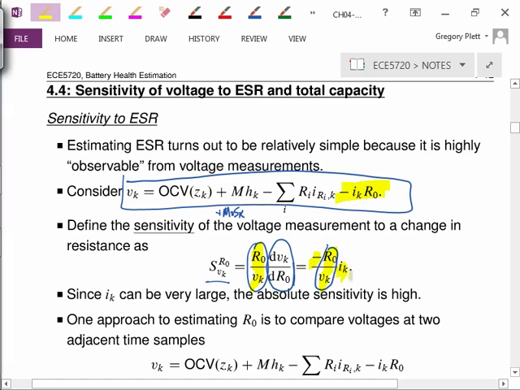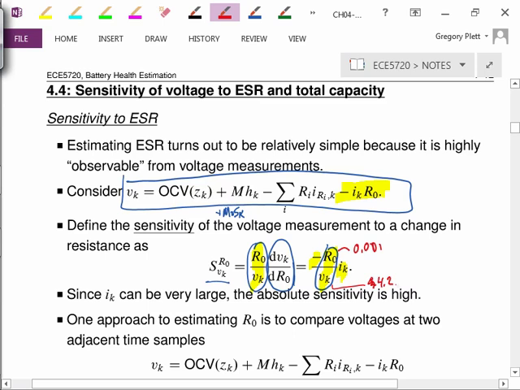So R0 is not too large, maybe about 0.01, or maybe at minimum 1 milliohm. It's rare to see a cell with less than 1 milliohm resistance. In fact, I don't know that I have. It would be a very, very large cell. And then the cell voltage, I don't know, 3, maybe what would be the worst case would be a big value there, so maybe 4.2 volts.